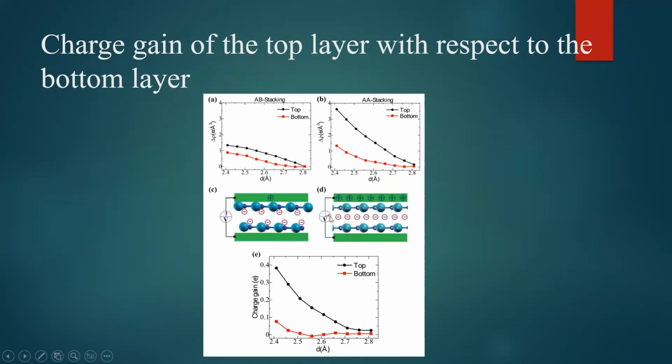So there gets to be a potential difference. If we put a voltmeter between the two layers, we will get a voltage difference. The same is here: the charge gain in the top layer is much higher than in the bottom layer, so there will be a potential difference.